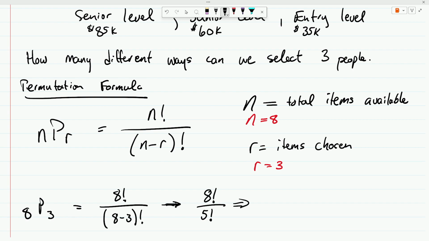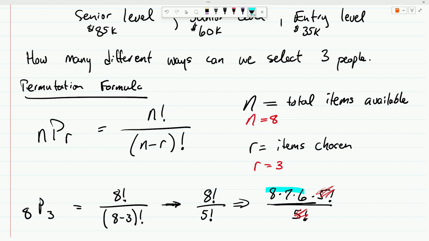I know 8 factorial is 8 times 7 times 6 times 5, and it keeps going down all the way to the number 1. But watch what I do. I'm going to stop at 5 factorial. And the reason why I stopped at 5 factorial is because my denominator is also 5 factorial, which means when I go to simplify this, the factorials will cancel themselves out. 5 factorial over 5 factorial is going to reduce itself.